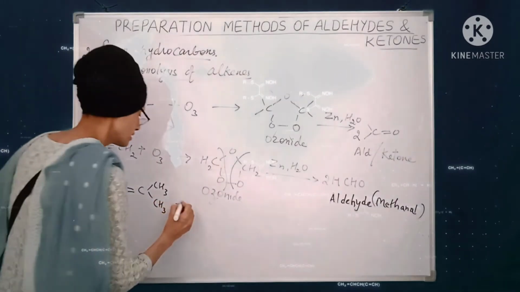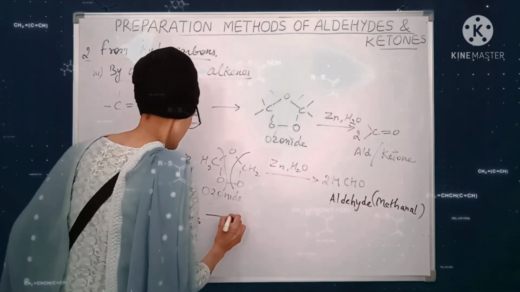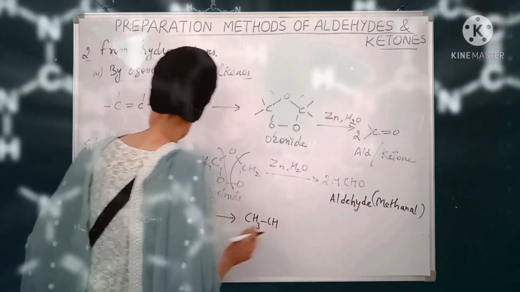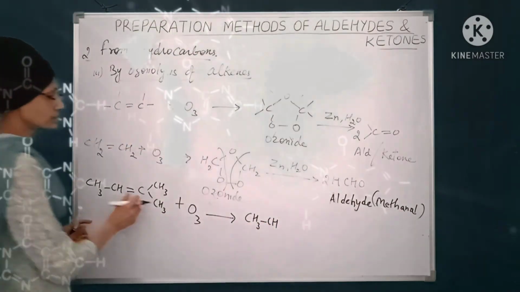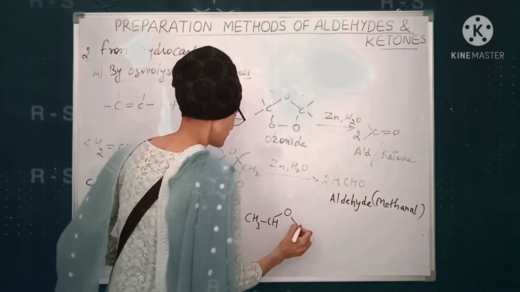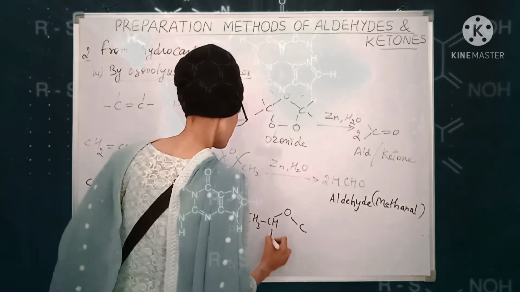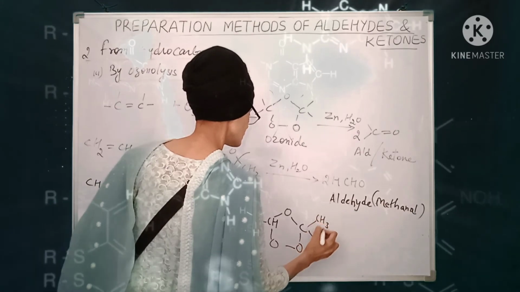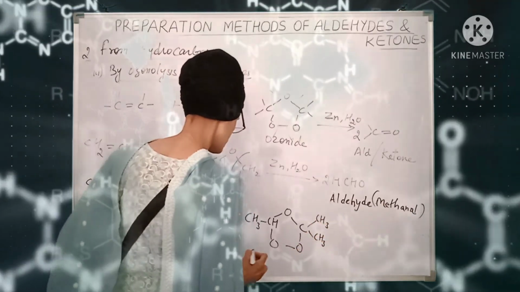So I will also tell you a shortcut like this. Where there is a double bond, at that place we are adding ozone. This is the ozonide of this type.